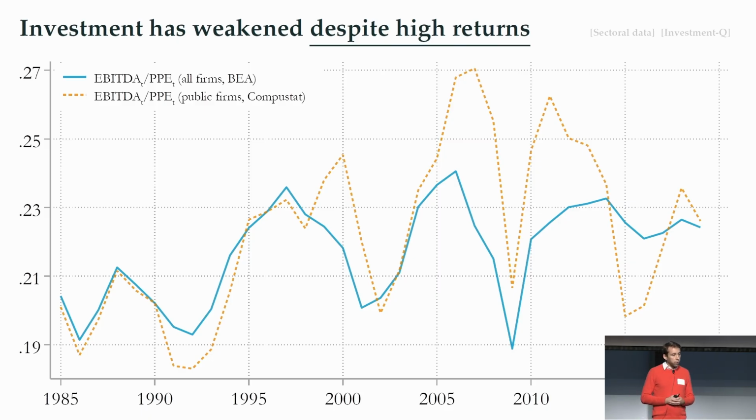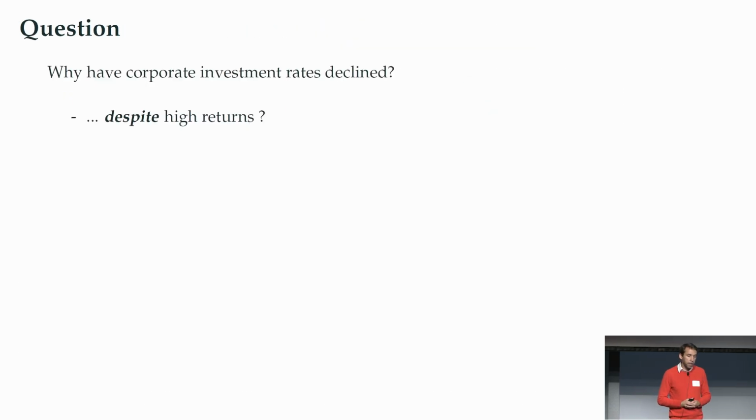The data here are essentially ROA, or one of the measures of ROA, so it's earnings before interest, taxes, depreciation, and amortization relative to the stock of physical assets. That used to be about 20% back in the 90s, now it's closer to 23, okay? So now we have a puzzle on our hands. Investment rates are declining, but it seems like the return to physical capital has been, if anything, going up. So what gives? What's going on?